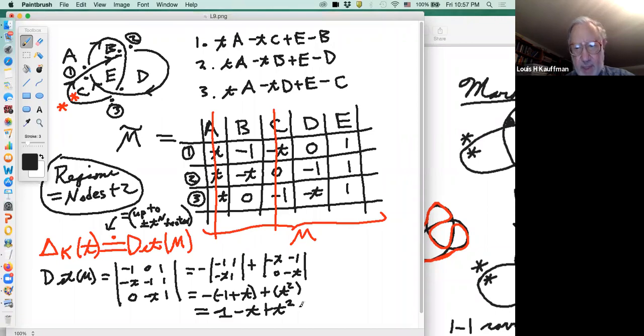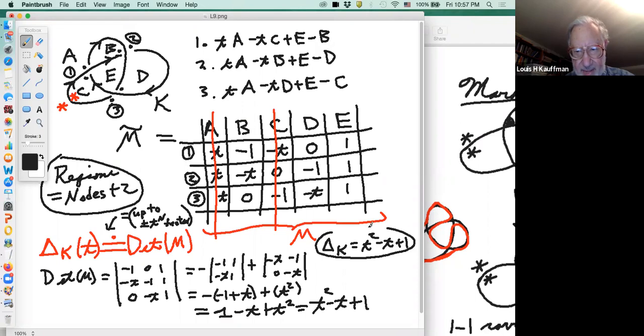There we go. So that's equal to T squared minus T plus 1. The Alexander polynomial of the trefoil knot is equal to T squared minus T plus 1. Okay? So that's Alexander's algorithm for the Alexander polynomial.